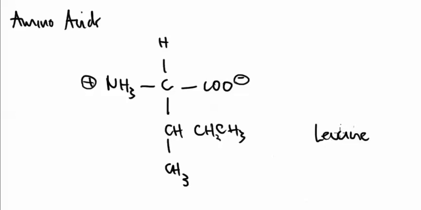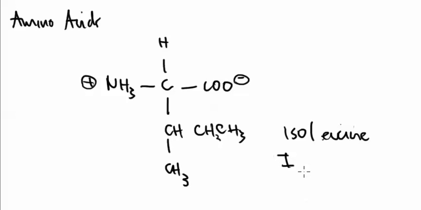Well, because this is an isomer of leucine, I can call this isoleucine, and that is the name that it goes by. So isoleucine, I saw Lucy too. Isoleucine, 3-letter abbreviation. Well, yep.